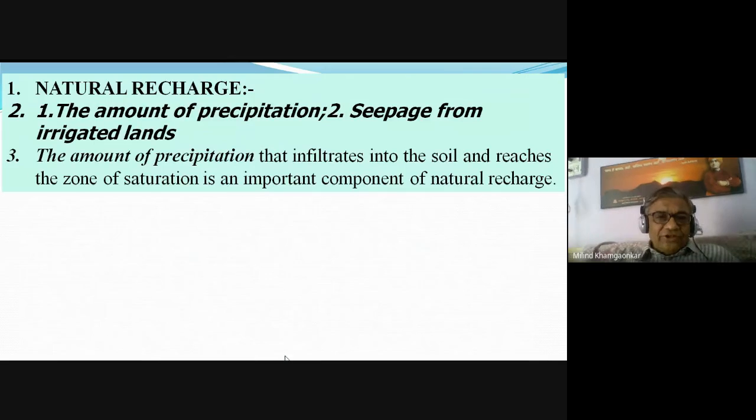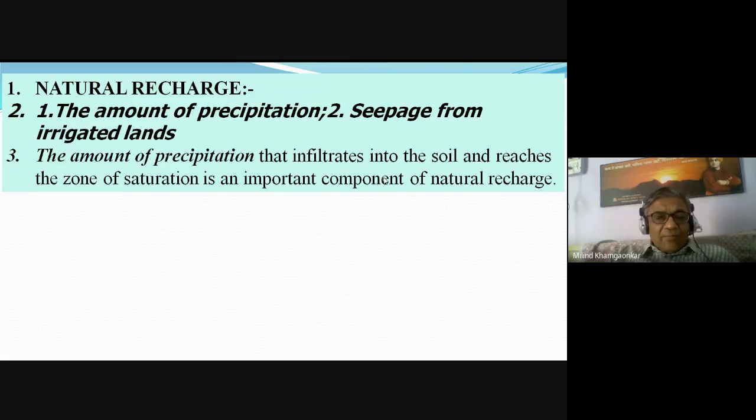Now the natural recharge we will try to understand. The amount of the precipitation, that is the rainfall or the snowfall, the amount of precipitation that infiltrates into the soil and reaches the zone of saturation is an important component of the natural recharge.